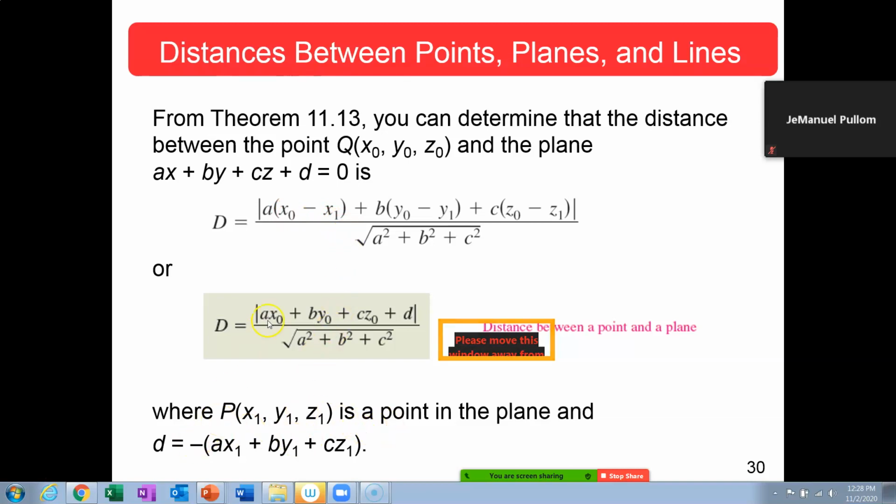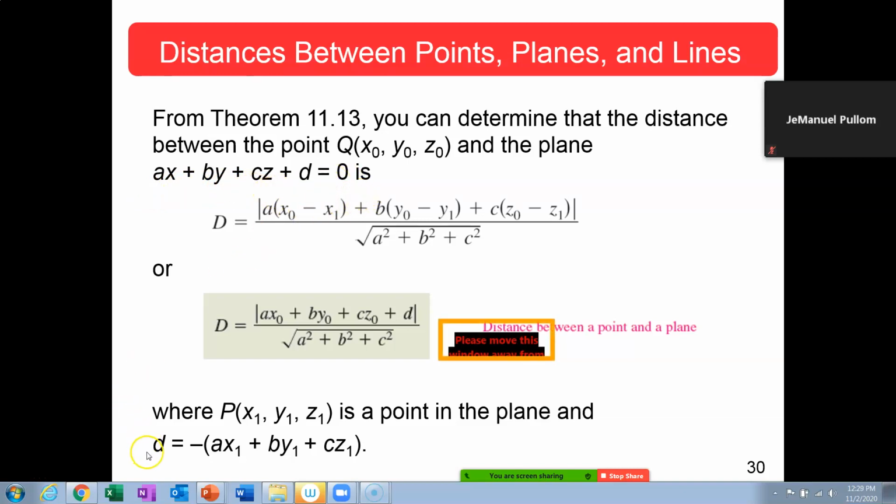The little d here, it's not a distance, but little d here, is what you get when you subtract ax minus by minus cz from both sides.